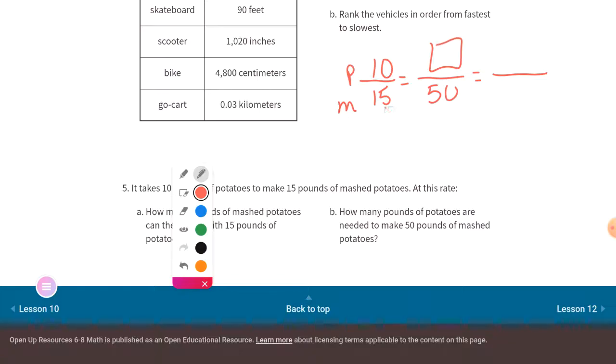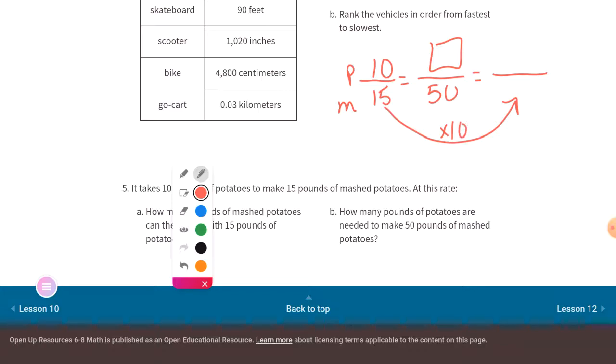Let's go here first. Times 10 would be 150. You want to do times 10? Okay, and then break it down, that works.